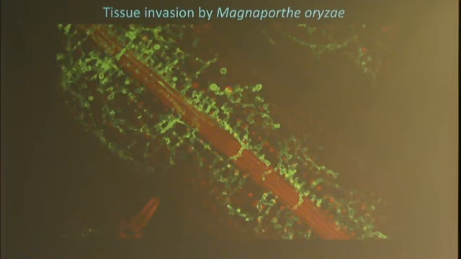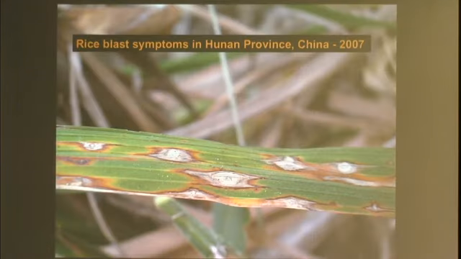This is, I think, about 72 hours later. They start growing through the vascular bundle, and 4 to 5 days later, you have these infections about a centimeter in diameter, and from these infections you get thousands of spores every day, which spread to the field.